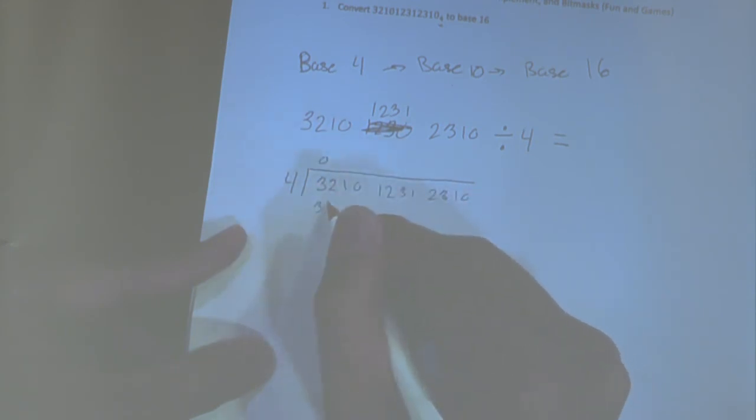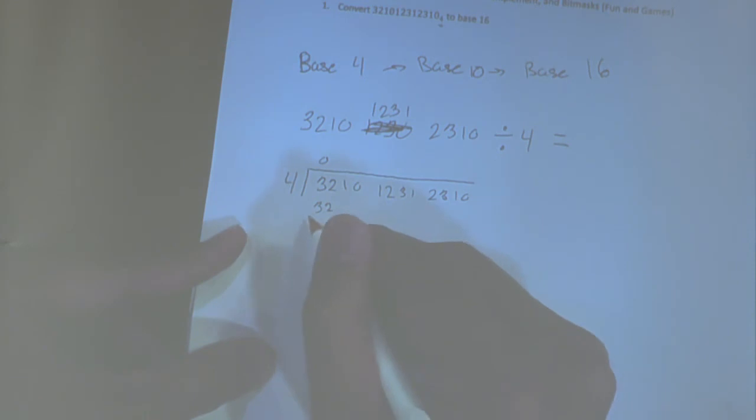Okay, so divide by 4. Let's see what that gave us. Long division, we do it this way. 3 divided by 4 is going to be 0. That's not good, so we drop down the 2.